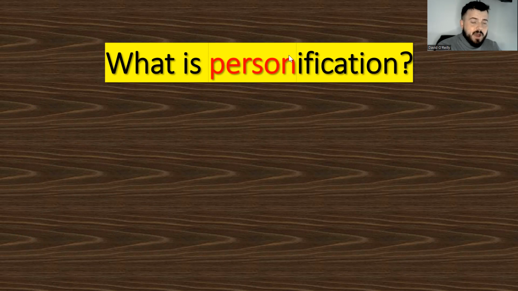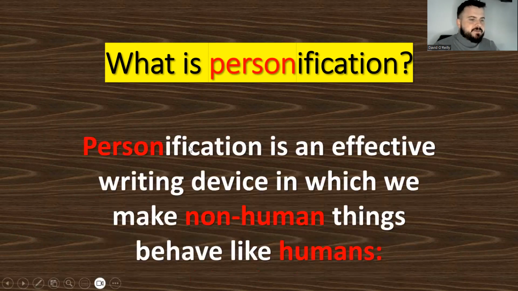So if you ever do forget what personification is, just think about the first 2 syllables here, person. It relates to people. Personification is an effective writing device in which we make non-human things behave like humans. So we take something that isn't human and make it act like a human being, which sounds quite bizarre at first, but when you see a few examples, you realize that actually it's effective and it works.